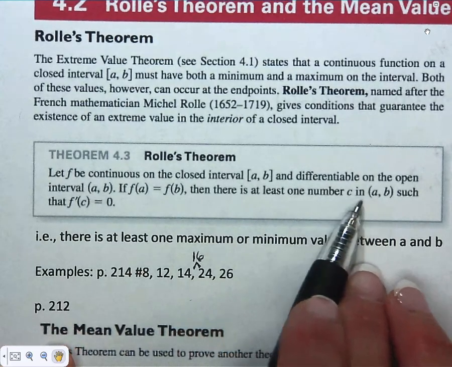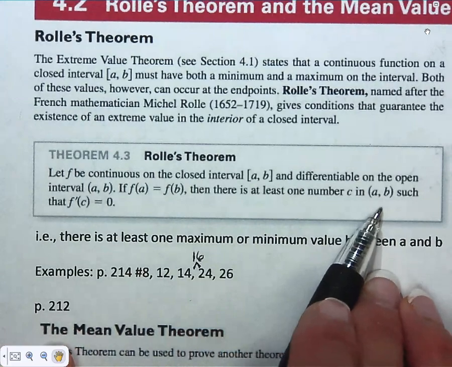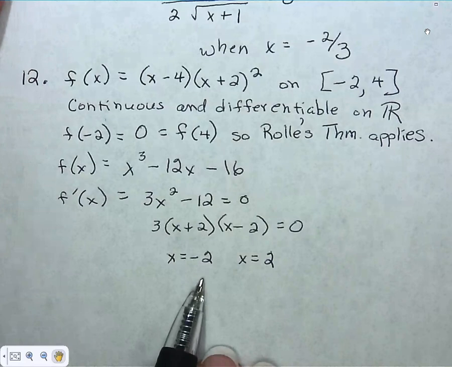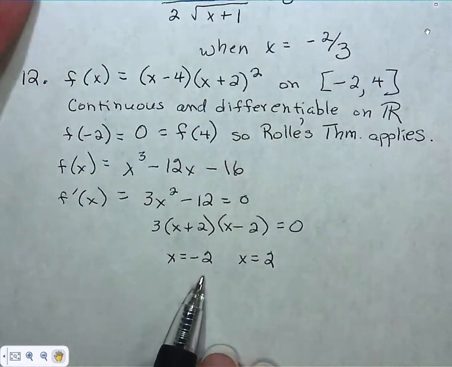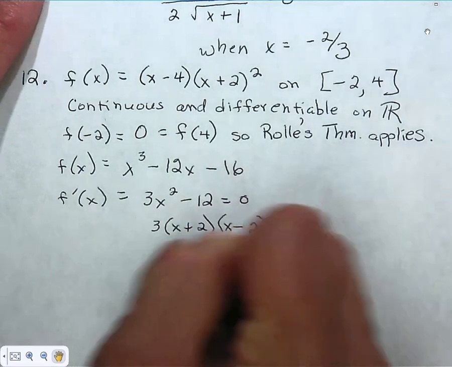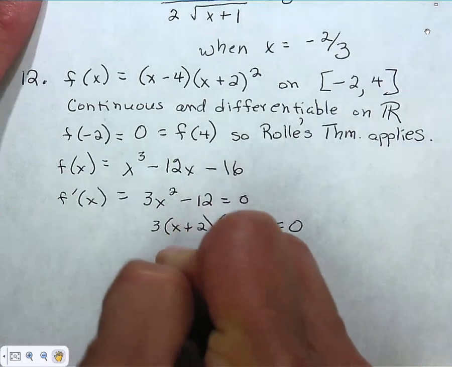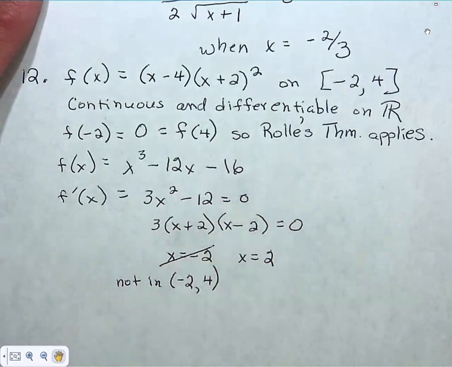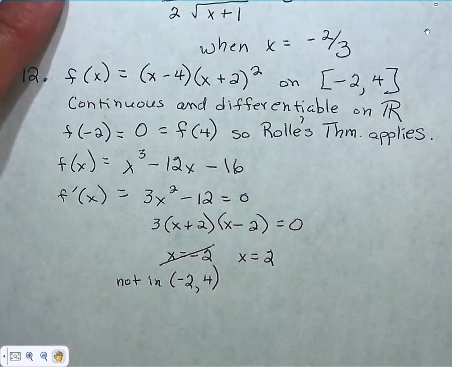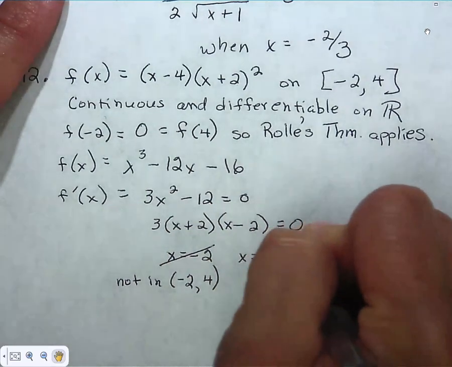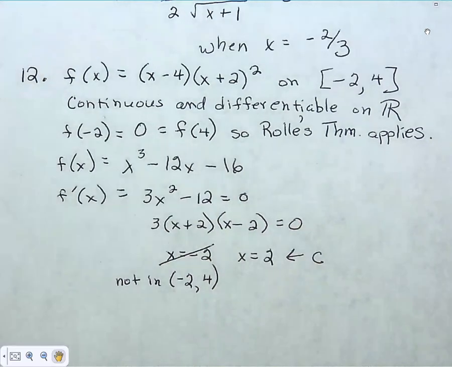The open interval a to b doesn't include the endpoints. So is -2 in the open interval from -2 to 4? No. Not in that open interval. So the value of c that we're looking for is just the +2.